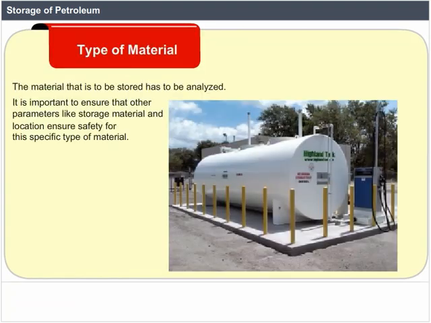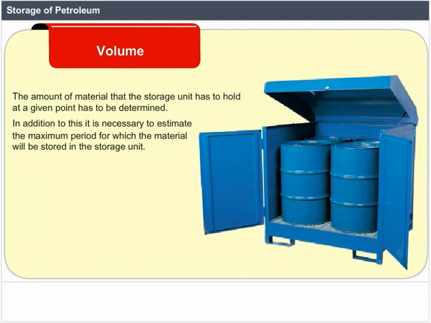Type of material. The material that is to be stored has to be analyzed. It is important to ensure that other parameters like storage material and location ensure safety for this specific type of material. Volume. The amount of material that the storage unit has to hold at a given point has to be determined.